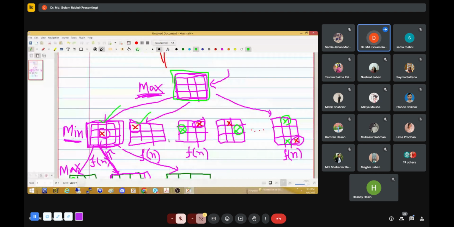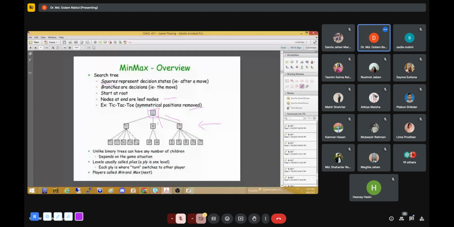So there are three possible movements, since we have removed the symmetrical positions. Here is the corner, the middle, and the center. We can design a tree this way also, removing the symmetrical positions.